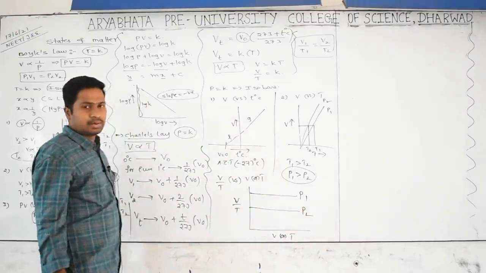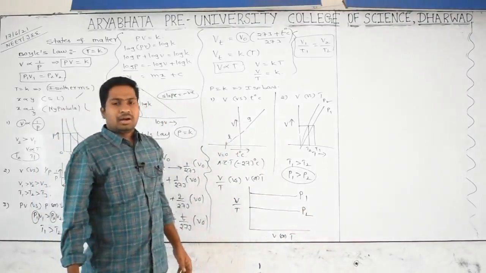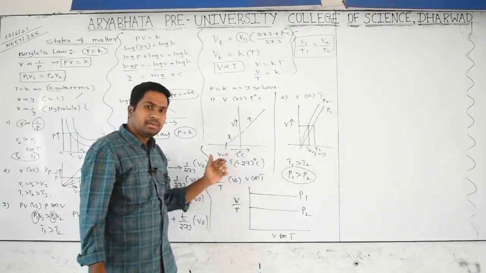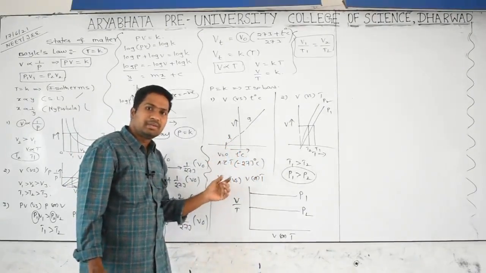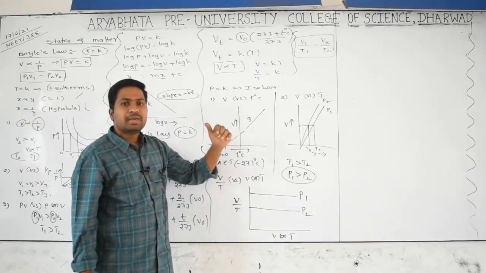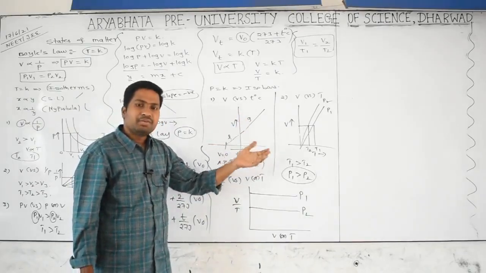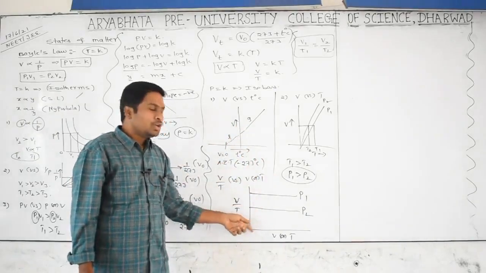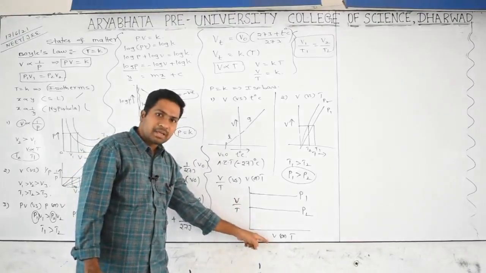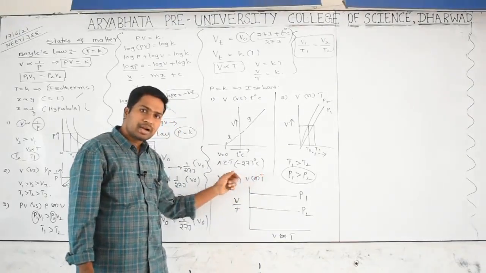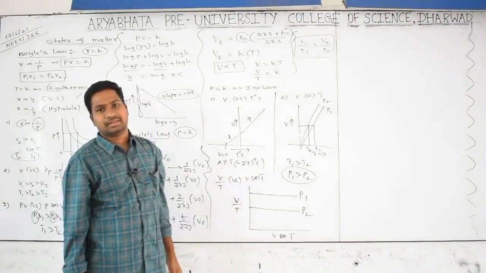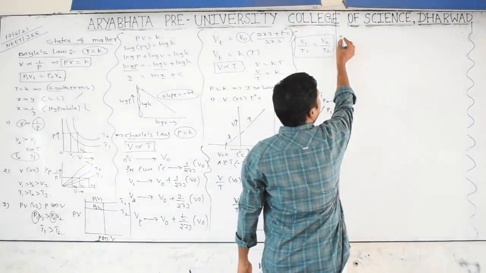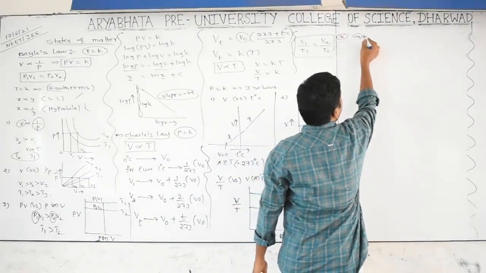In Charles' law, while maintaining pressure constant, if you plot V by T on the y-axis, we get straight lines parallel to the x-axis. Are you understanding? Yes, it is very important. Later we have to go for the third law, Gay-Lussac's law.